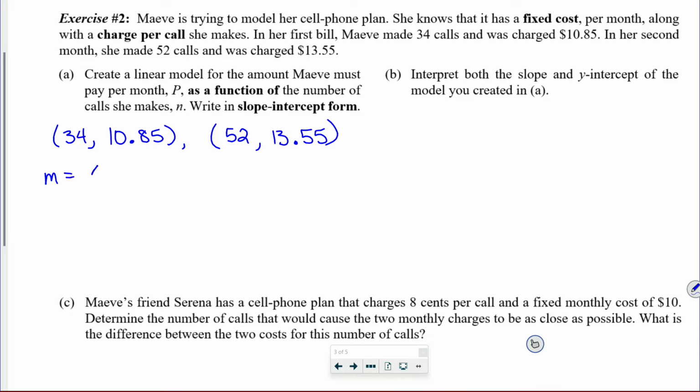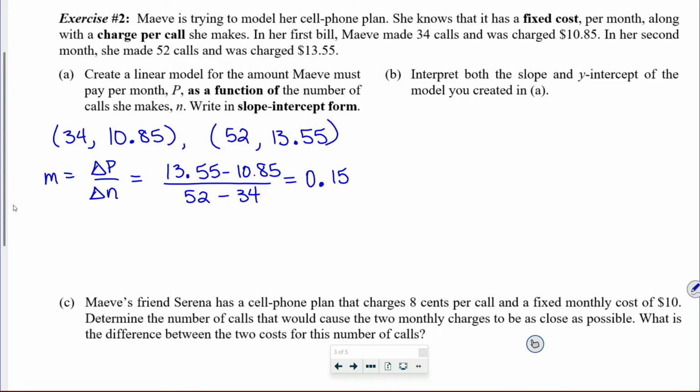All right, so to begin with, let's calculate the slope. My slope is going to be the change in my price over the change in the number of calls. So I'm going to do 13.55 minus 10.85, all divided by 52 minus 34. What's great is you can just put that totally into your calculator right from the get-go, and what you'll find is that's 0.15, just perfectly nice like that.